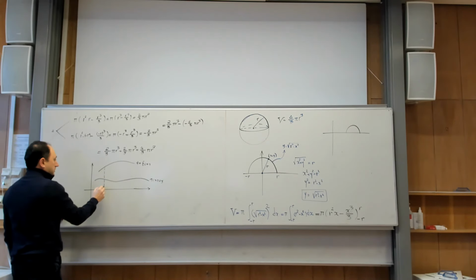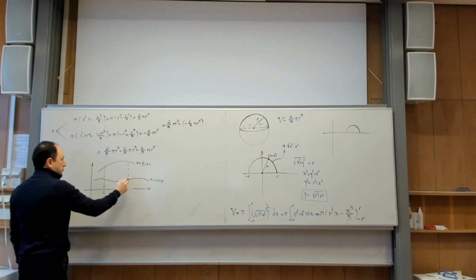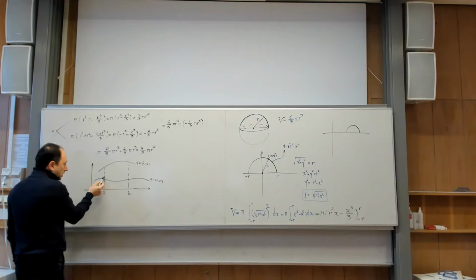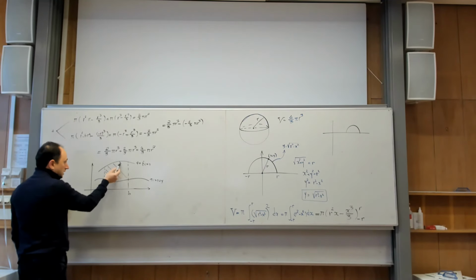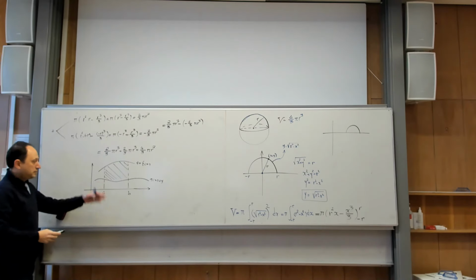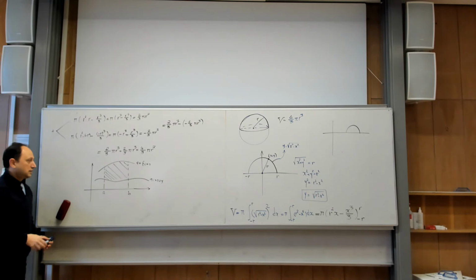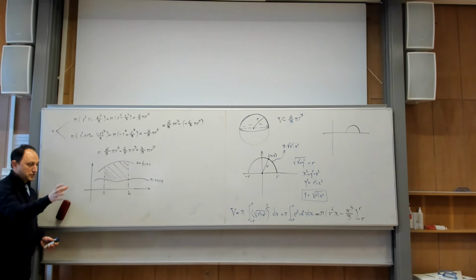And you have it from A to B. But you are interested to rotate this area about the x-axis. It will generate some solid object with a hollow inside. Can you imagine that or not? Okay, so now you want to find the volume of that object.